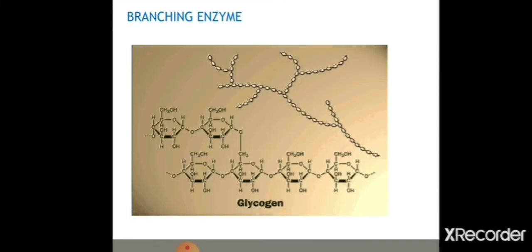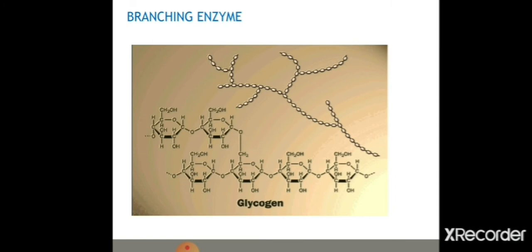As we said, glycogen is highly branched. Now how are these branchings created? The glycogen synthase enzyme can add glucose units only in alpha 1,4 linkage, so a separate branching enzyme is needed to create alpha 1,6 linkage.